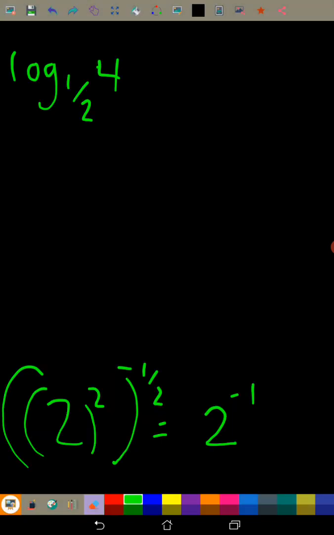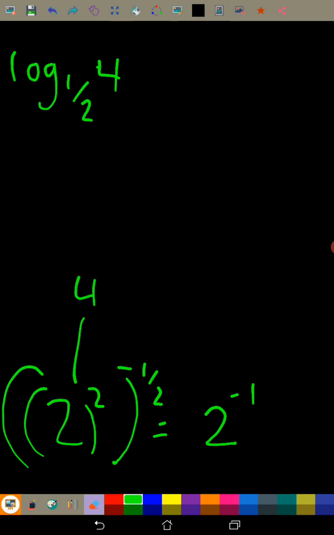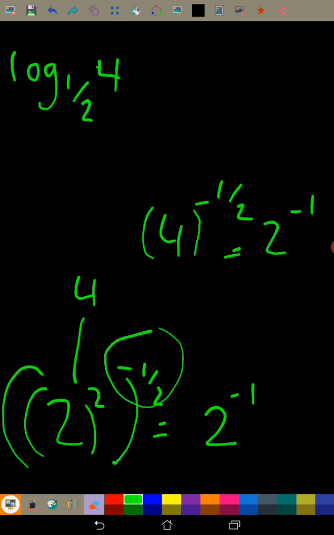For that reason, because actually this is 4 inside here, 2 to the power of 2 is 4, so 4 multiplied by half is equal to 2, I think. Yeah. So this is a key here. That's what we are looking for.